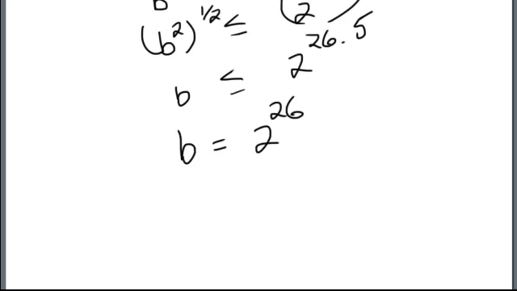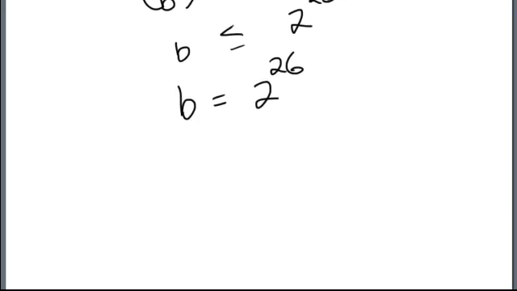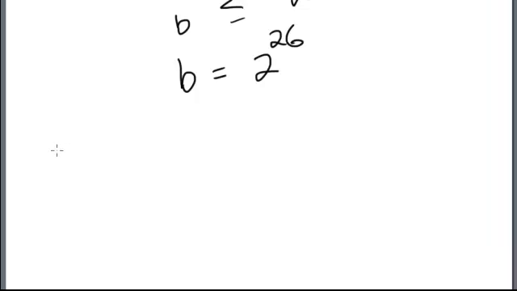So we determined that our radix is going to be 2 to the 26, and the largest number we can represent in our number system, now that our radix b is equal to 2 to the 26, is 2 to the 26 minus 1. That's the biggest number we can represent.